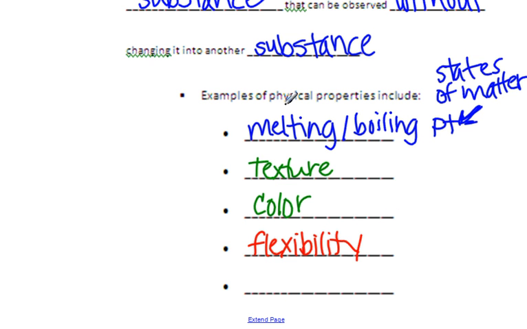And whether or not it dissolves, okay, so it's dissolution. Can it dissolve or not? This is dissolution. All of those are examples of physical properties.